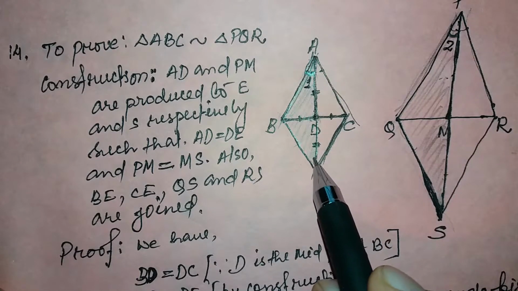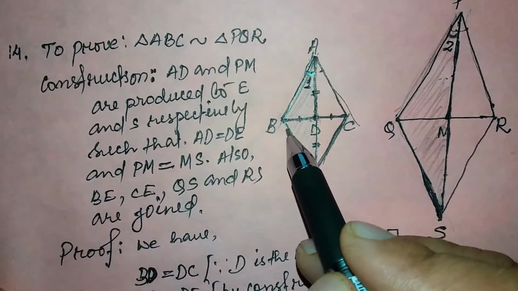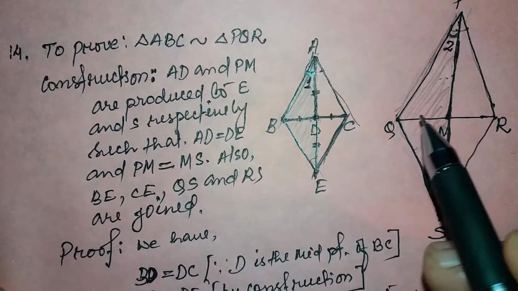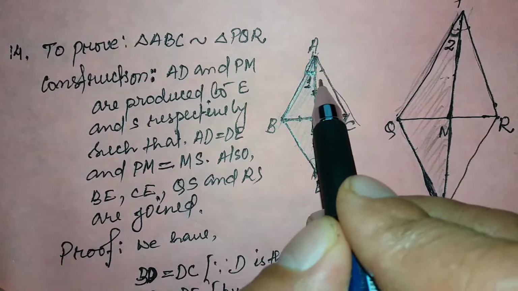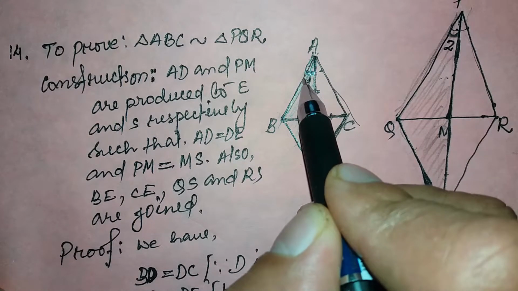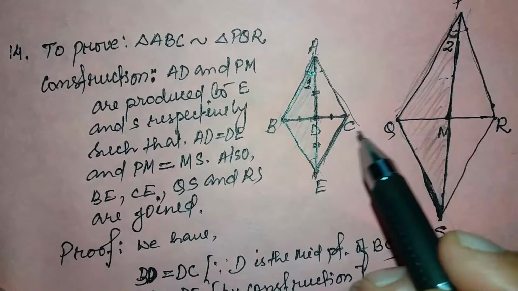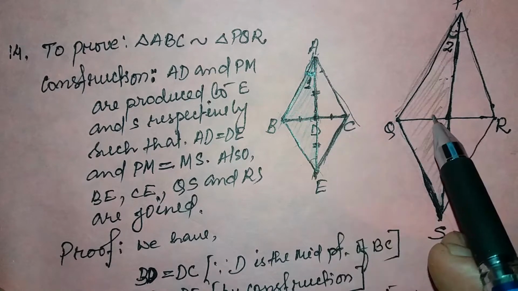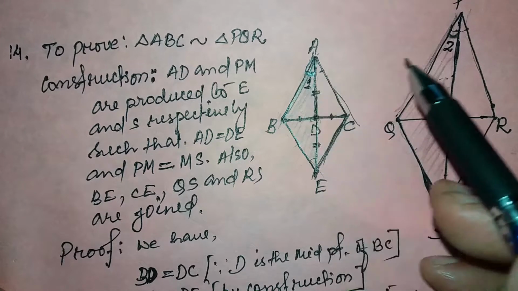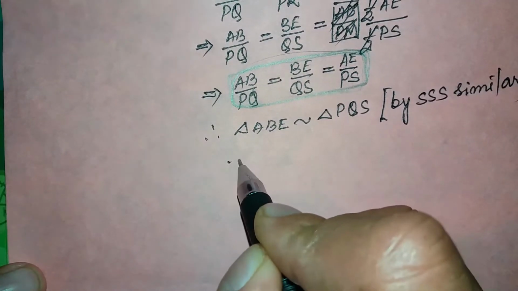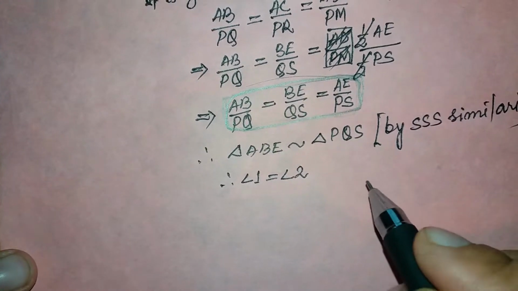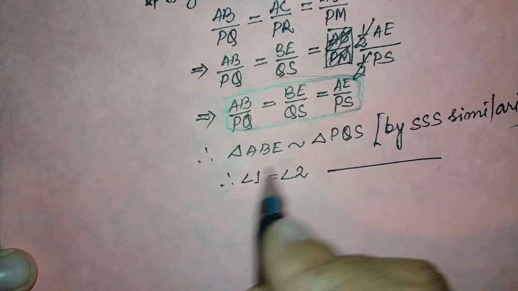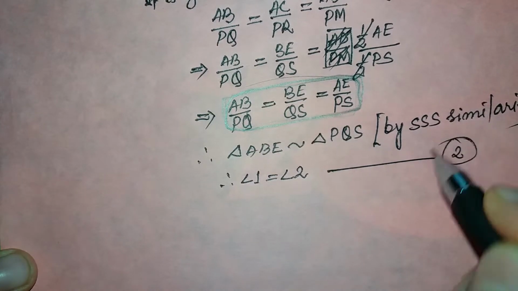And similarly, the other angles are equal too, but we will be using only this one, since our main objective is to get this angle and this angle equal. So therefore angle 1 is equal to angle 2. This is one very important thing that we got here. So let's call it 2.